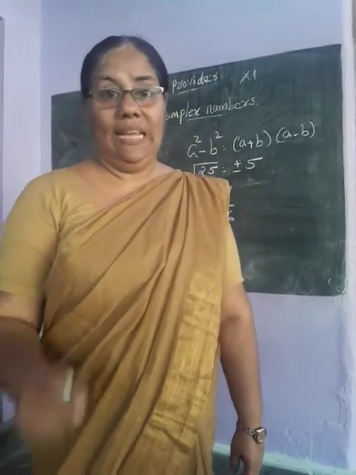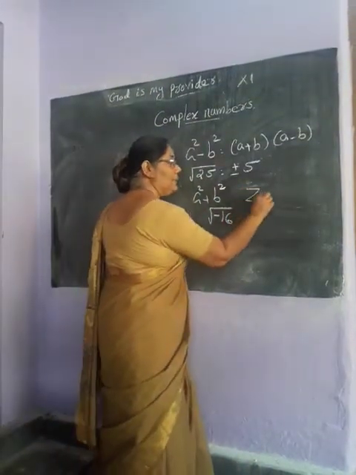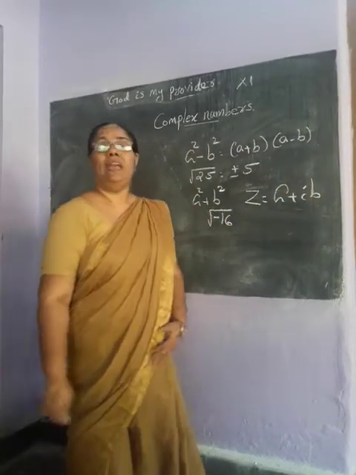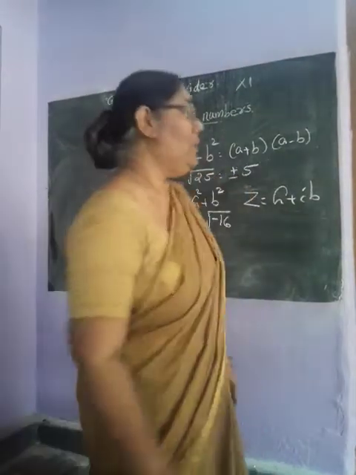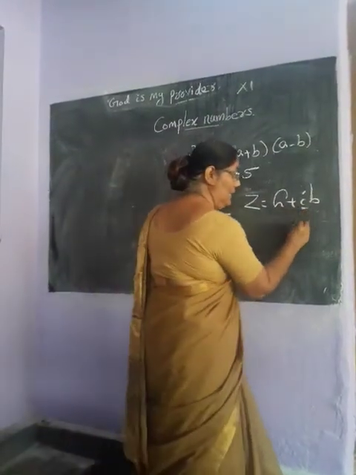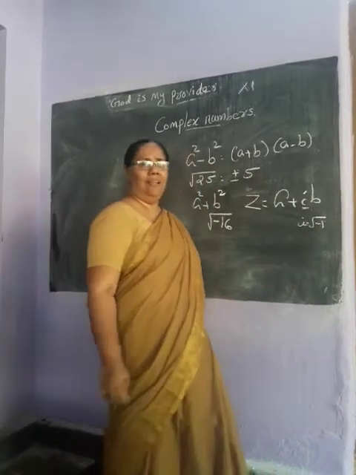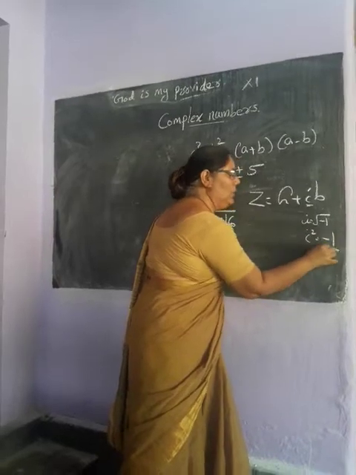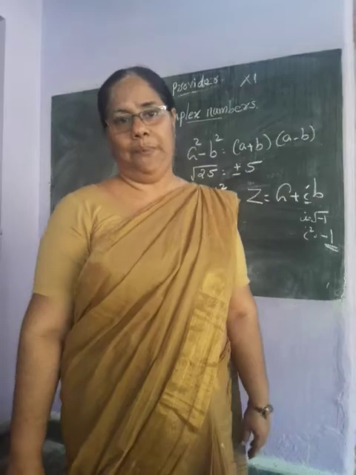I repeat, a number of the form a plus ib, where a and b are integers and i is equal to root minus 1. Then can you say what is i square? I square is equal to minus 1.